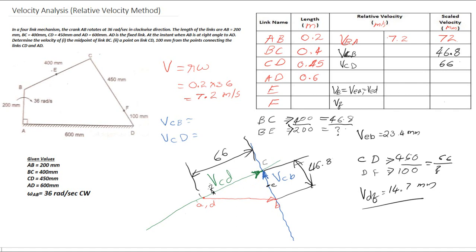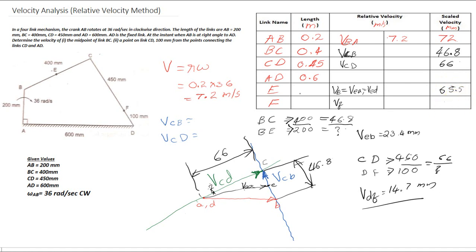From this velocity diagram, you first plot the velocity of E. Upon measuring this particular velocity vector, it seems to be 65.5 mm. So the value measured from the velocity diagram is 65.5 mm.